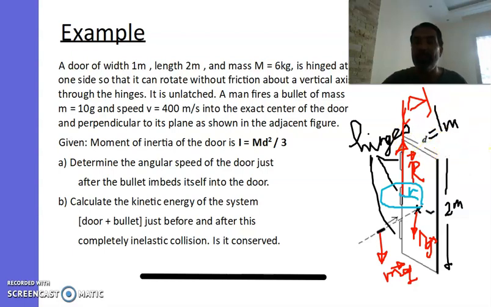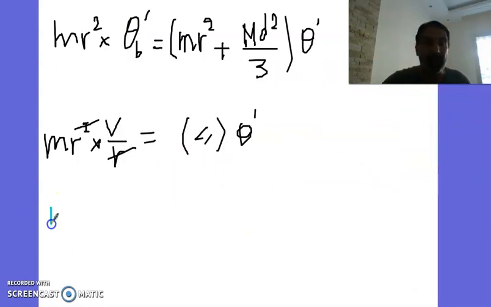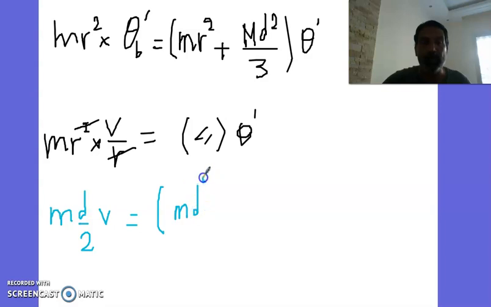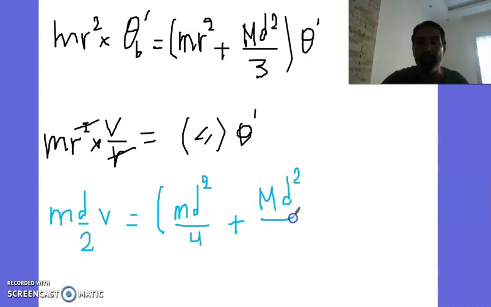So m times d over 2 times v is equal to m d squared over 4, because the radius is d over 2 and the radius squared is d squared over 4, plus M d squared over 3, right?